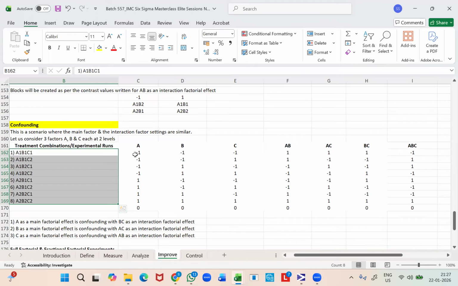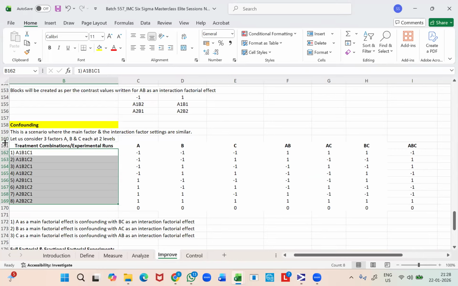It's enough if you validate the significance of the main factorial effect. We will be able to find out which main factorial effect is confounding with which two-way interaction factorial effect when we perform this exercise.